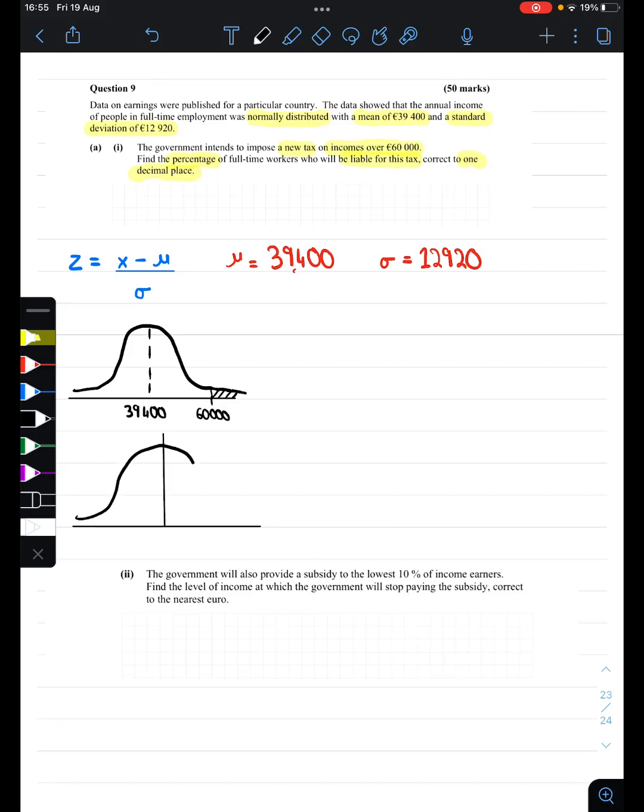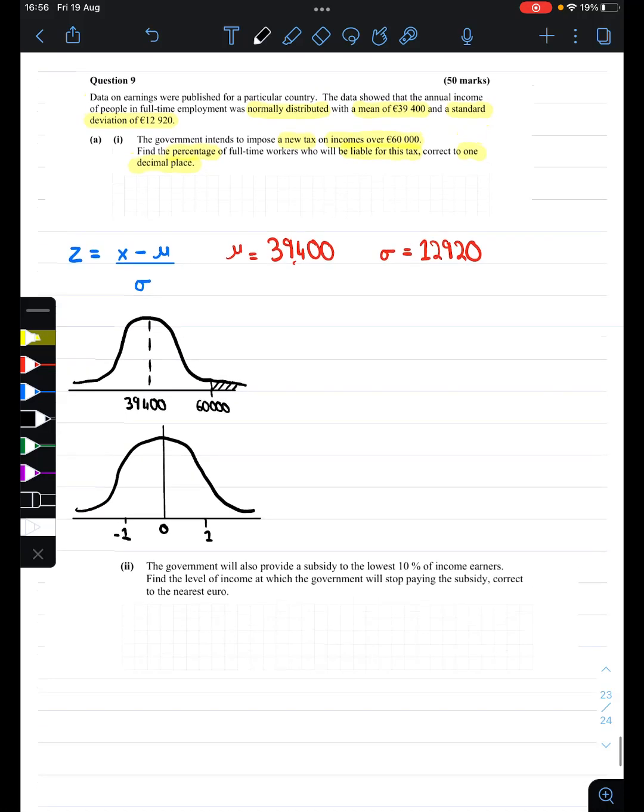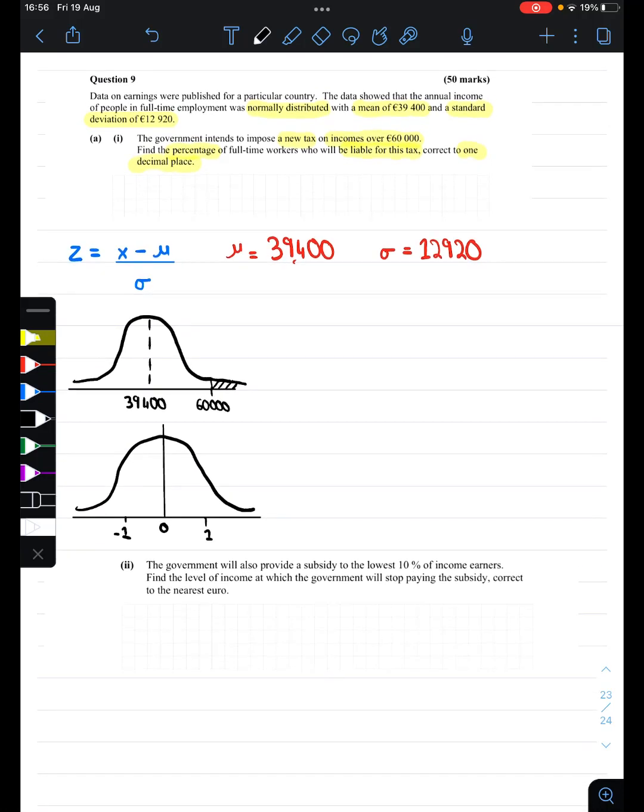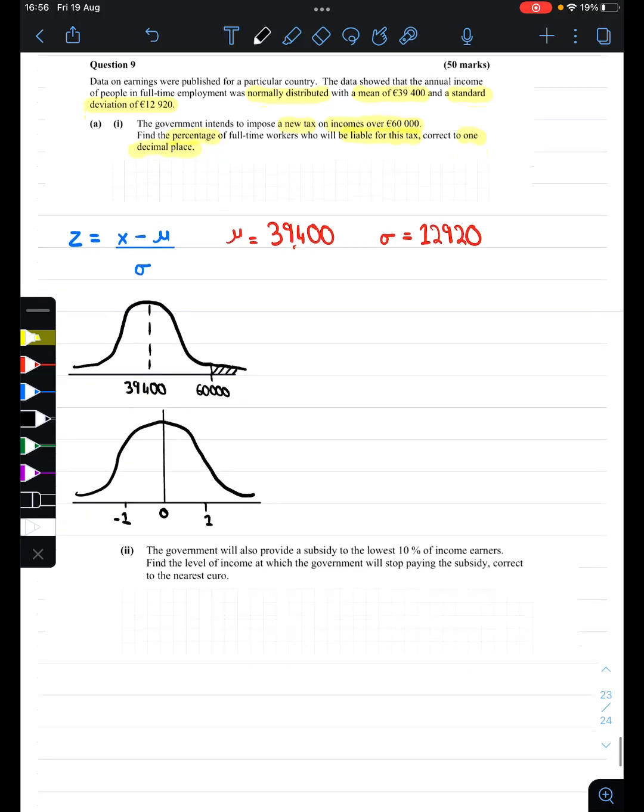So the one that you're all used to, that the log tables are based off. Okay, so we want to change it to be in this form because we know how to read this. We have log tables for when it's like this.